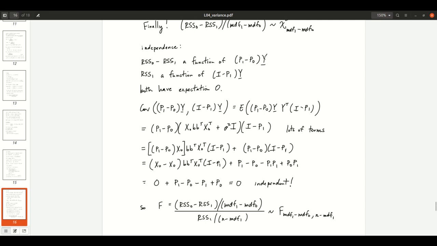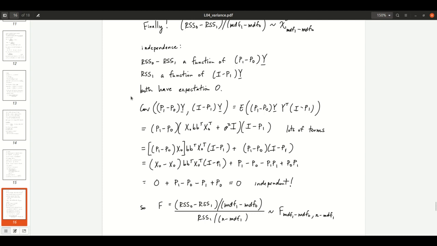So that is just the squared length of (P1 minus P0) y. So RSS 0 minus RSS 1 is the squared length of this vector. RSS 1 is going to be the squared length of this vector. Those properties follow because this is an idempotent matrix.